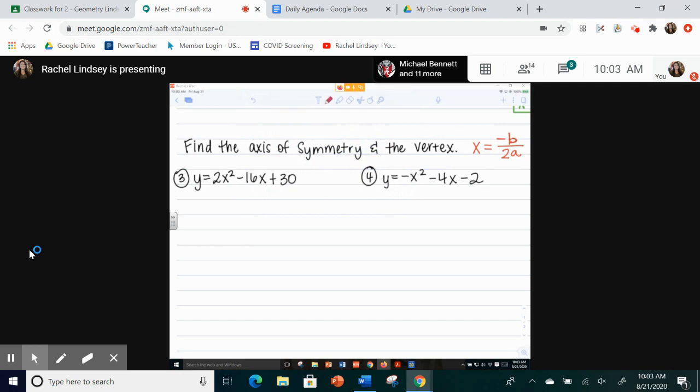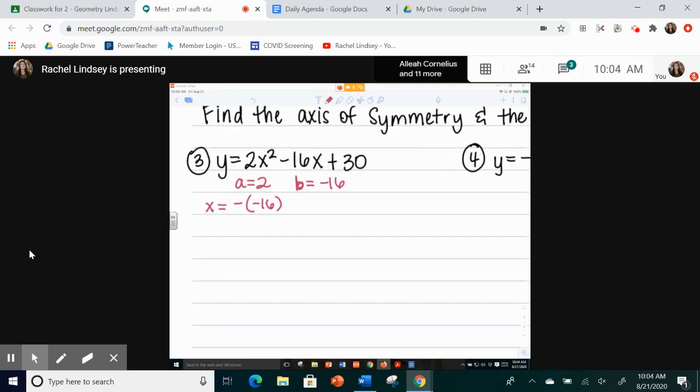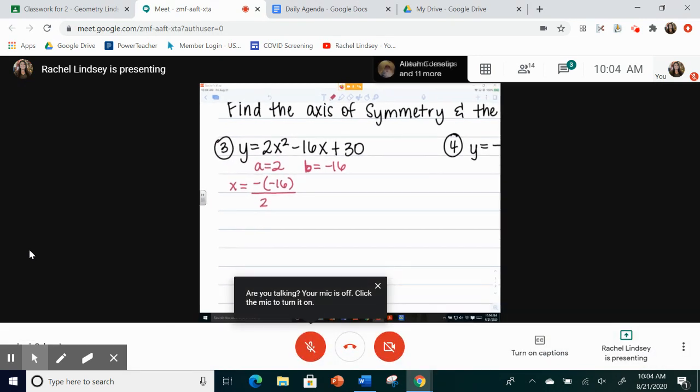So on number 3, my a is 2 and my b is negative 16. So I'll have x equals negative 16 over 2 times my a, which is 2.